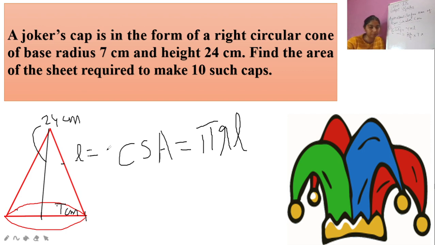So how will you find it? You will use Pythagoras theorem. So that is l square is equal to h square plus r square. So we have 7 as the radius, height 24, so 24 square plus 7 square. You will add it and then use the square root.